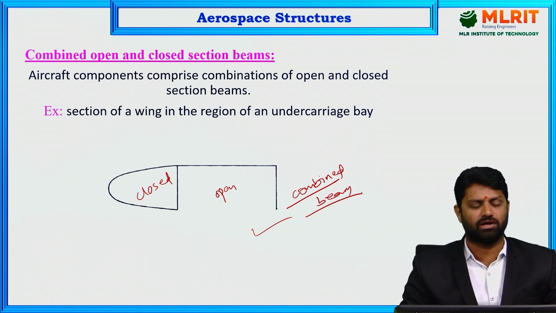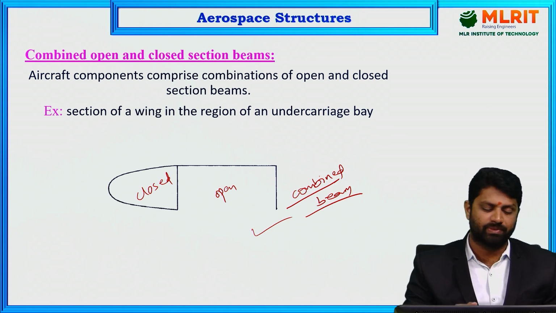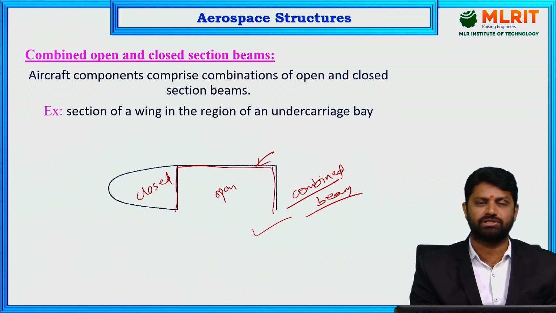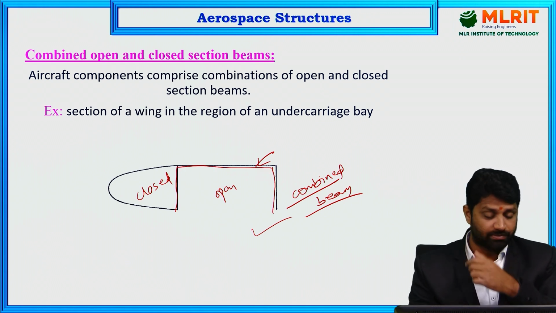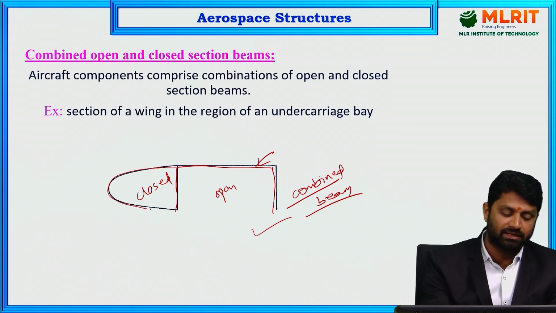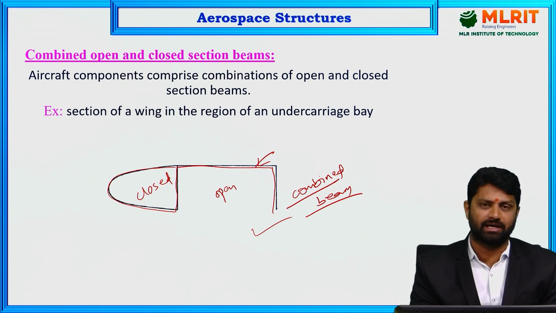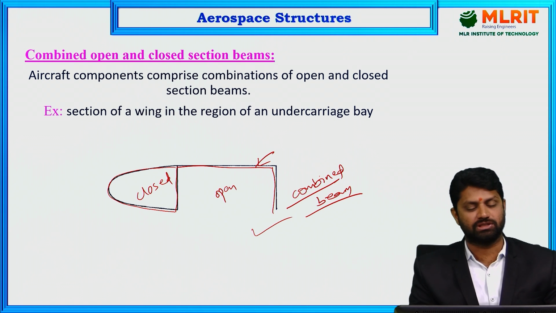The analysis we discussed in the previous modules, a similar procedure will apply here. For the open section, we have to follow the open section beam procedure, whether it is shear or torsion of the beams, and for the closed portion we need to apply the closed section beam procedure. The open section beam procedure we consider separately, the closed section beam procedure we find out separately, and then we add both procedures together, which gives the procedure for combined open and closed section beams.